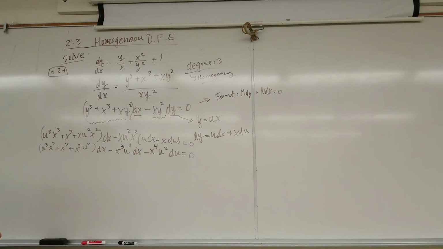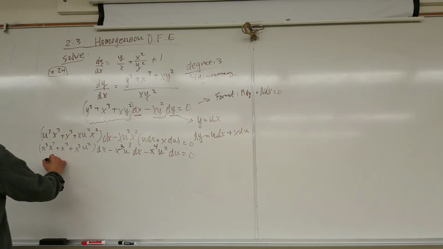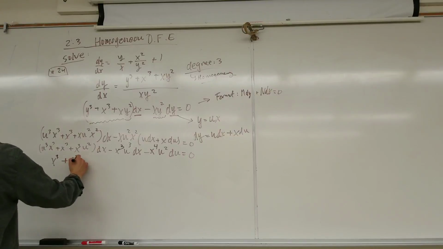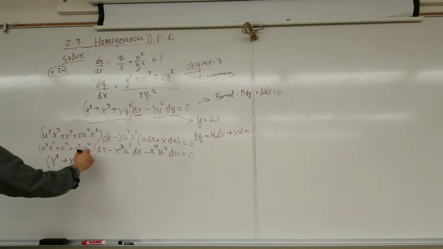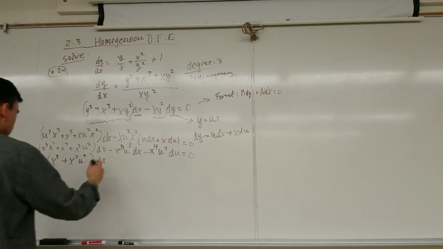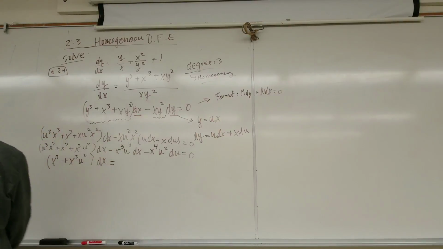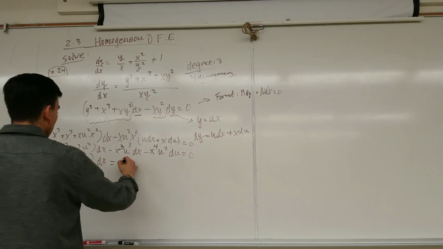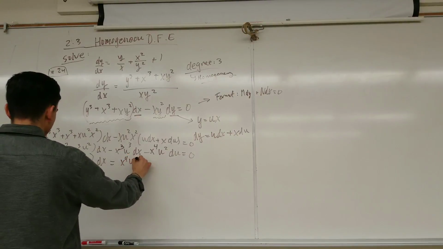All right. Great, great. So now if we were to simplify, that's going to be equal to x to the 4 u squared du.